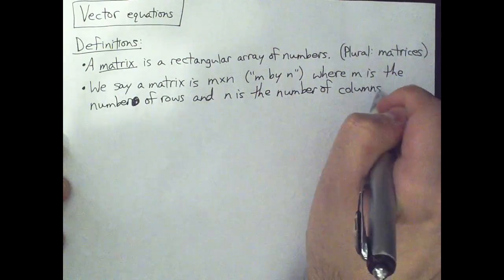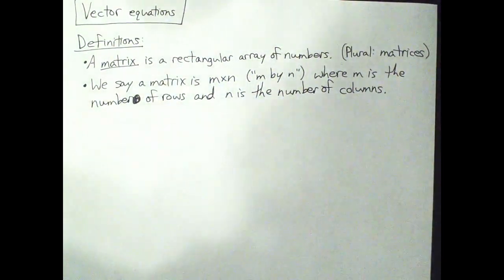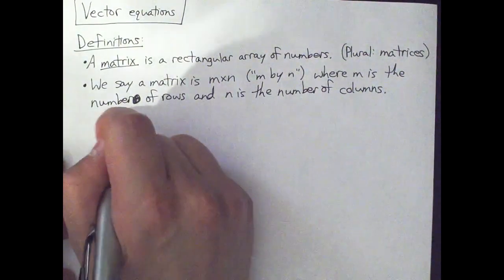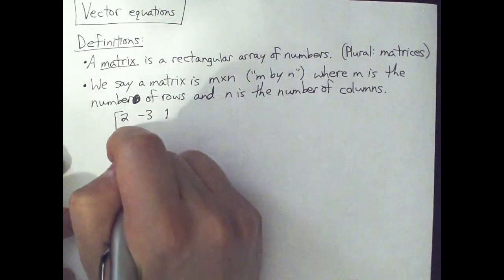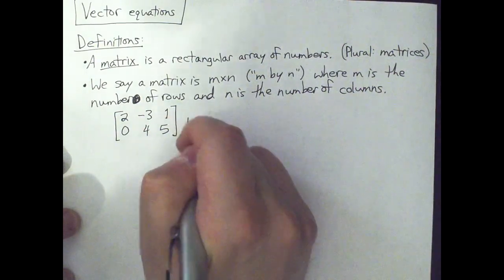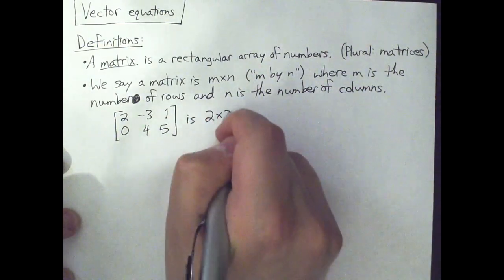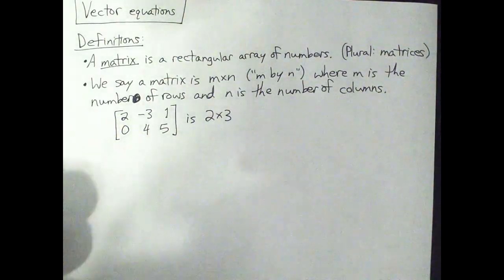It seems like it's good to be able to refer to a matrix by its size since these things are kind of rectangular. So for example, a quick little example here. This matrix is 2 by 3. It has 2 rows and 3 columns, so we always go with rows first.